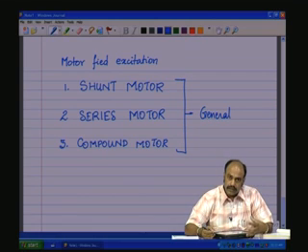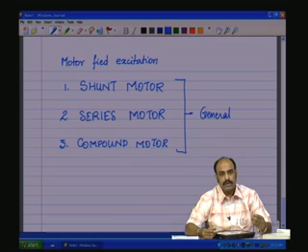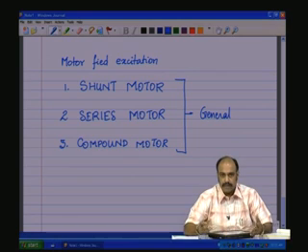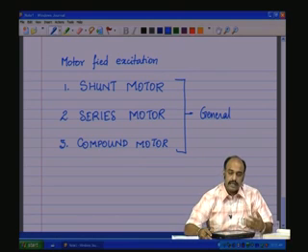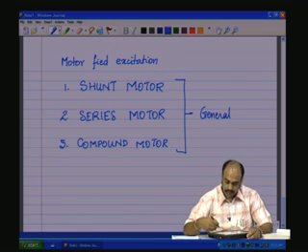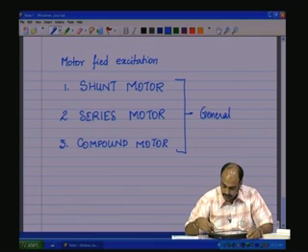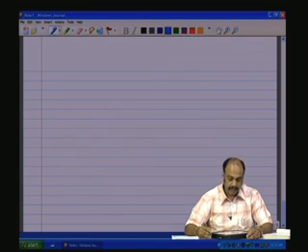However, there are few other types of motor, like the excitation could be by permanent magnets. Then we have the permanent magnet DC motor, or the excitation could be from a separate source, like in a separately excited DC motor, and so on. Now, let us look at the characteristics of these three types of motors to get a better idea about these.